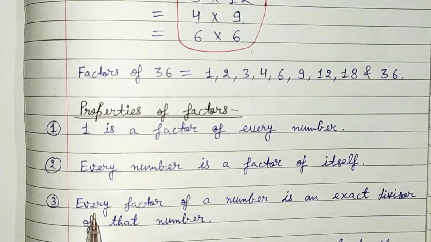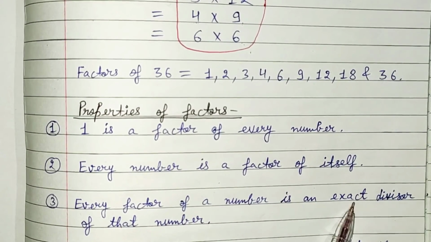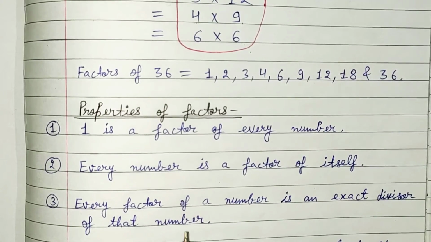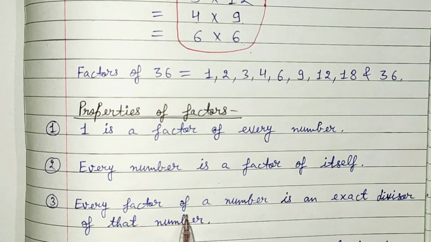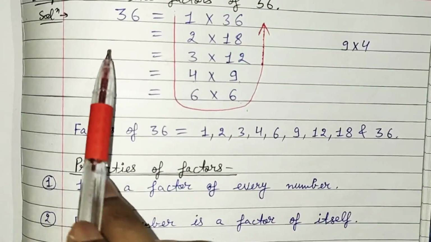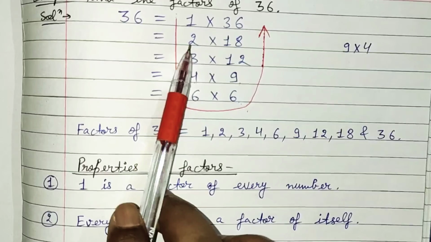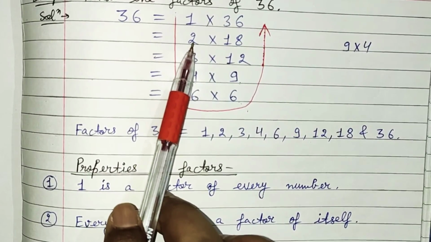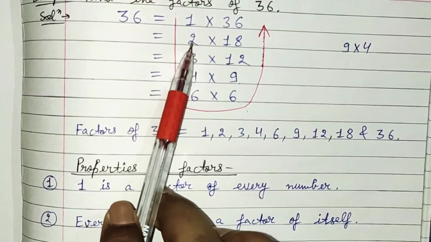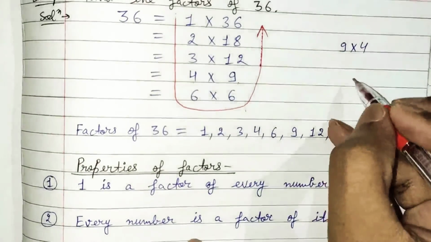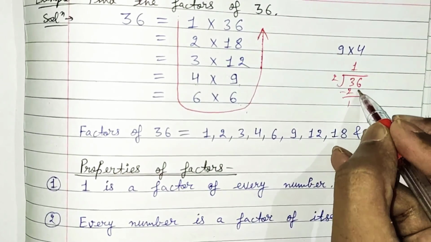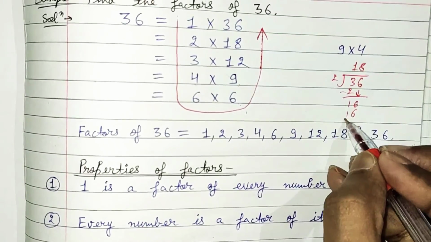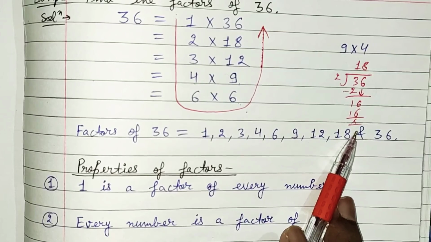Now the third property is: every factor of a number is an exact divisor of that number. So this means that whatever factors come for any number, they exactly divide that given number. Now let's understand with the help of this example. If we talk about 2, we can divide 36 by 2, 18 times. Like this. 36 divided by 2, and the remainder is 0.